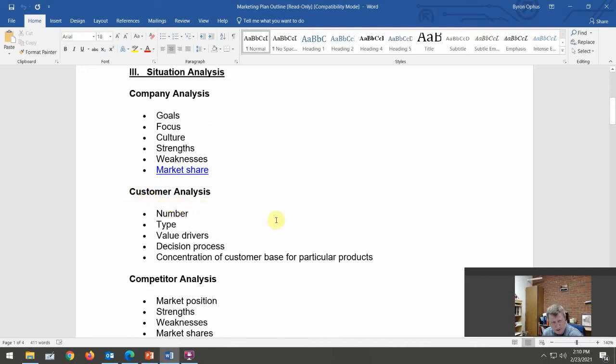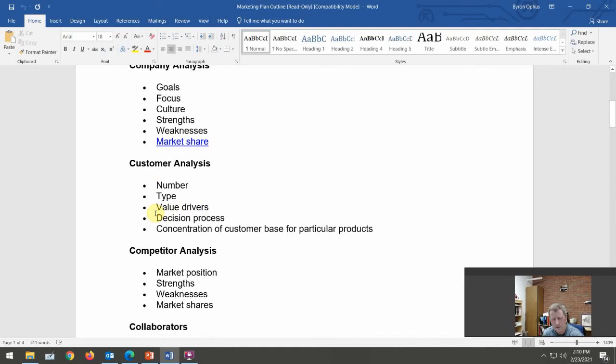Now, when we get into customer analysis, this is a part where I think I get let down a little too often. Who are your customers going to be? And a lot of people say, well, I'm going to appeal to everybody. It just doesn't work that way. There should be a primary market segment, because most companies have primary market segments.